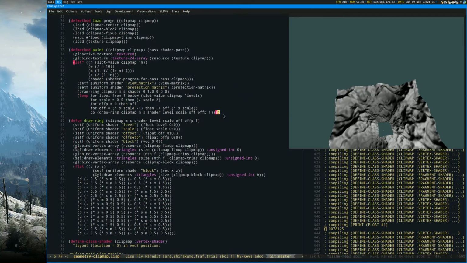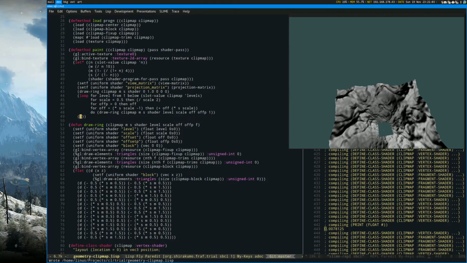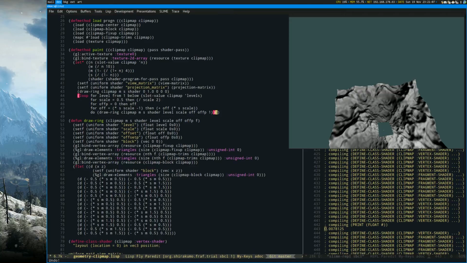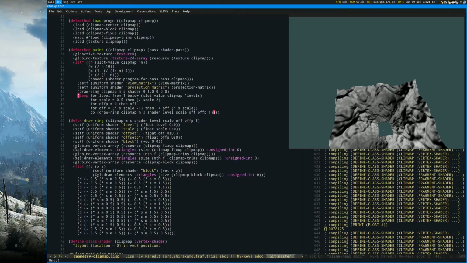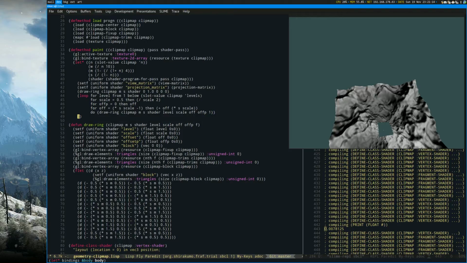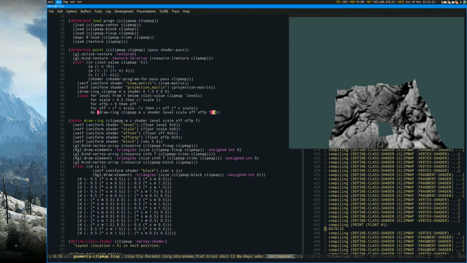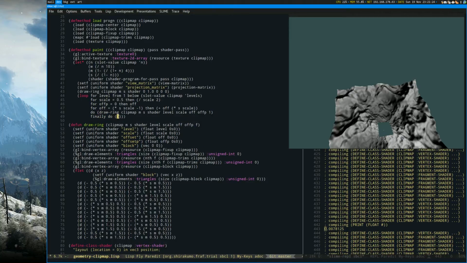So we draw the rings, and then what? Finally do.